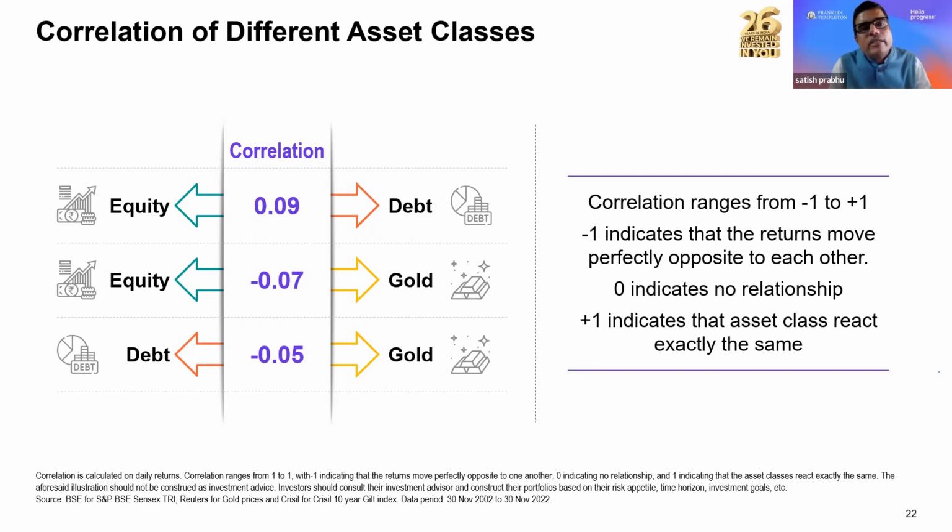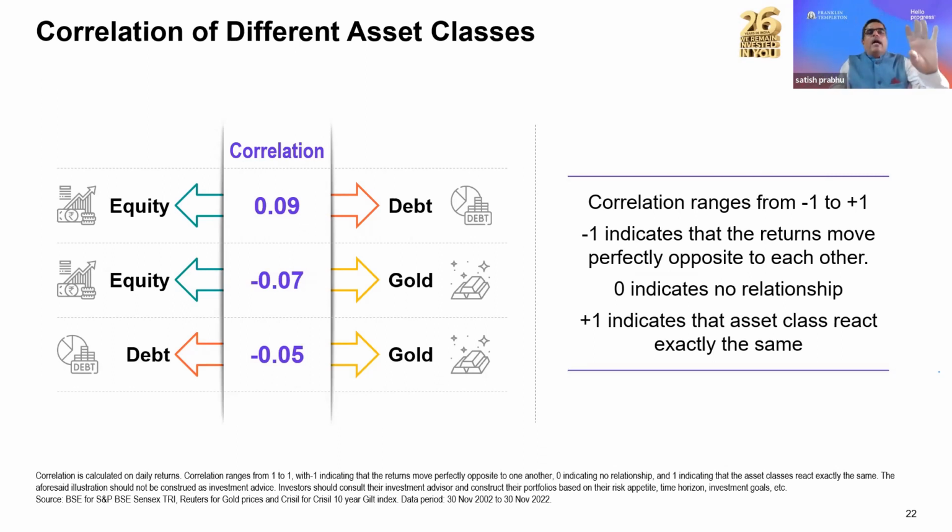Negative is opposite, and that's the reason you found equity and gold on opposite sides of the table, because they have a negative correlation. So the horoscopes match much better between equity and gold, and debt and gold is also good because they have a negative correlation. Low to negative is good, and that is why we always say you should invest in equity, debt, and gold as a combination for asset allocation.